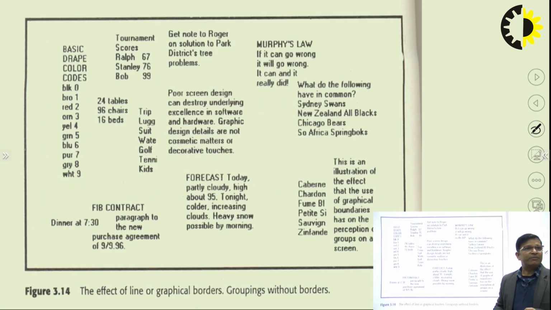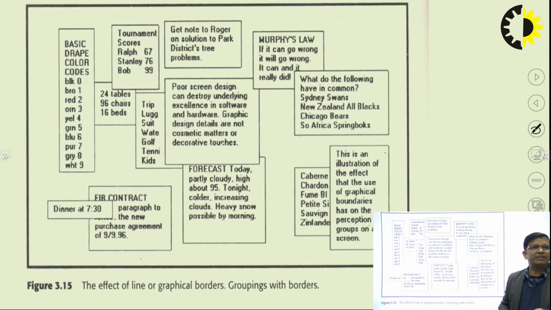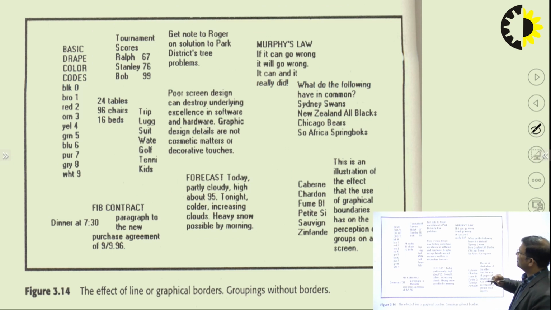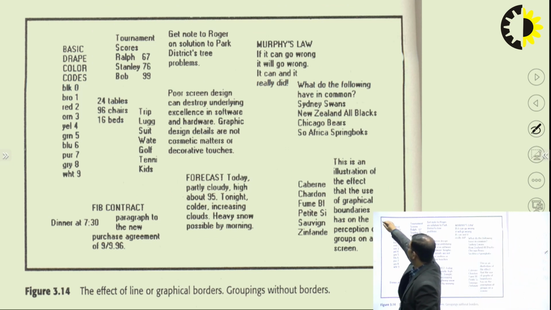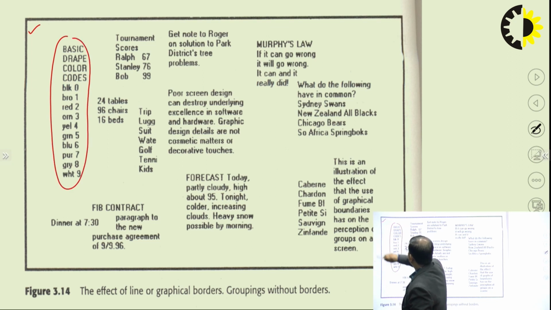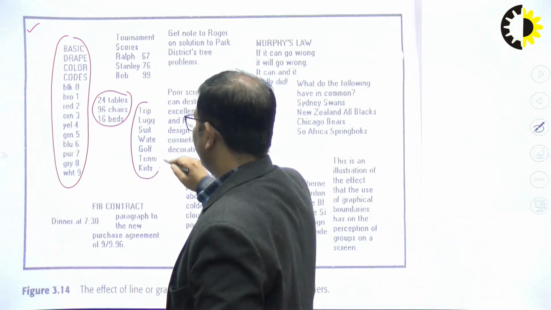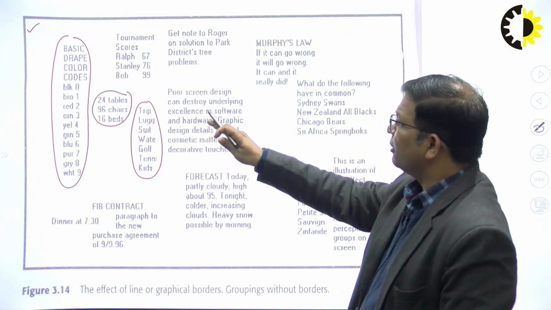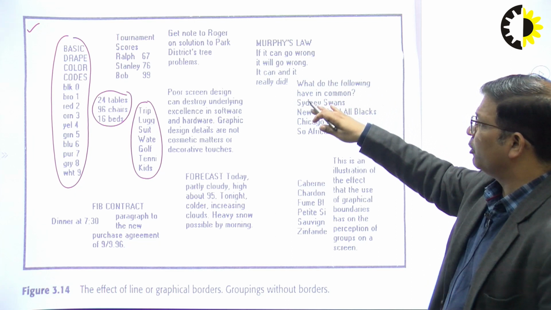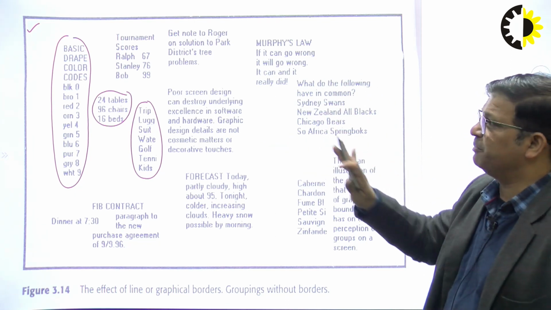For example, suppose this is a design. There is a group, this one, this is another group, this is another group, because we are grouping based on their white spaces.